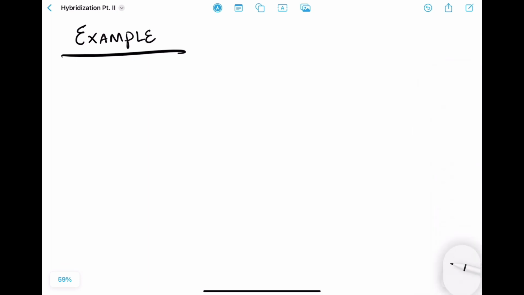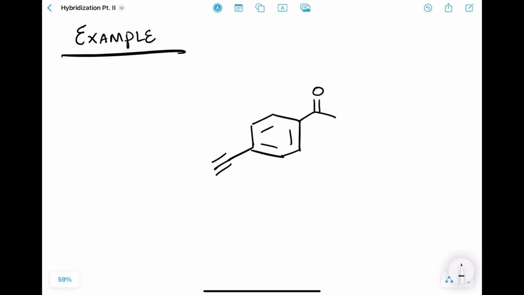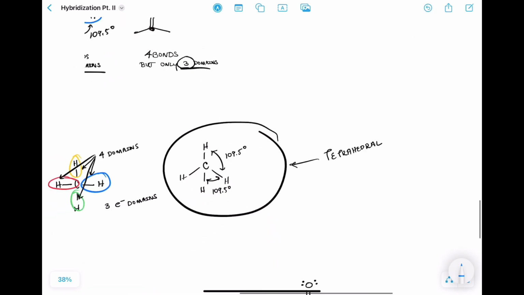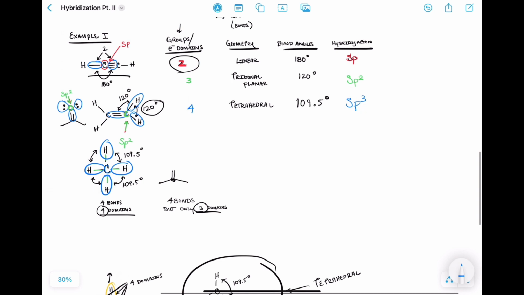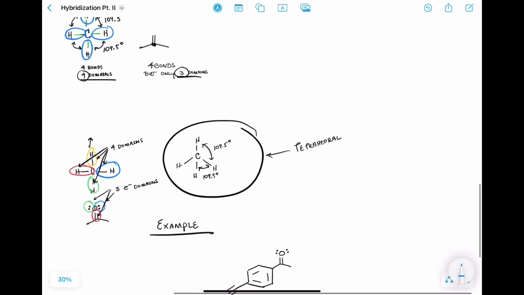So let's see here. Start with this. I'll draw the lone pairs so that it's easier for us to see. Let's focus on a few atoms. Let's go back and look at this chart. Whenever we see 4 domains, we're going to have sp3.